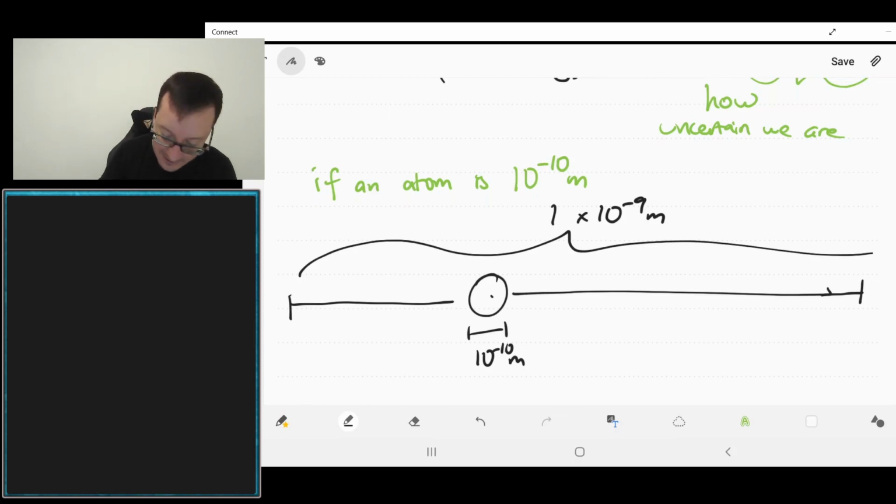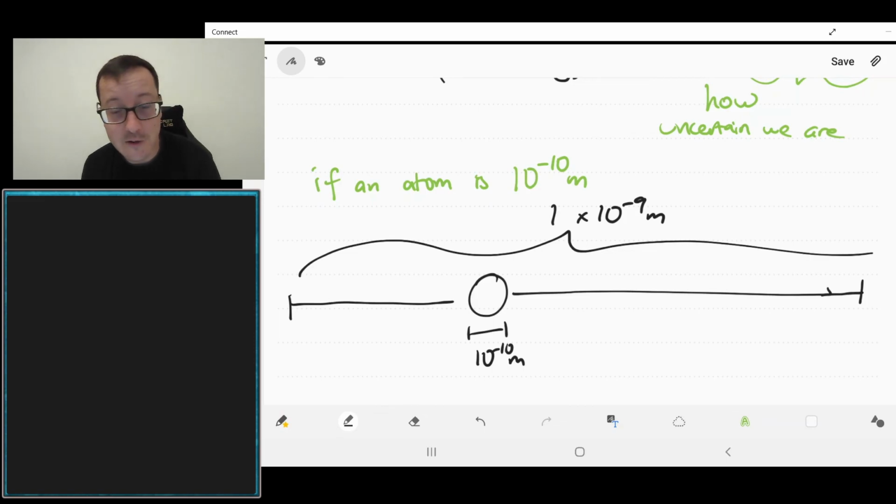So the electron, as we calculate it, could be anywhere over here. But we know it's got to be part of the atom, right? So the point is, our uncertainty is so large compared to the atom itself that we have limitations on these things. And so it's very hard for us to know exactly where an electron is. We have a lot of uncertainty.